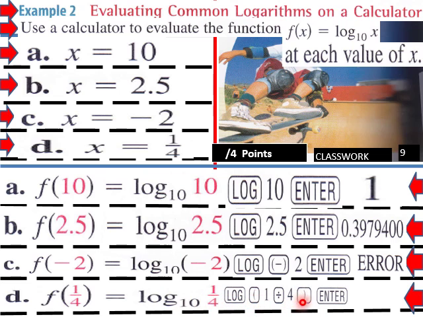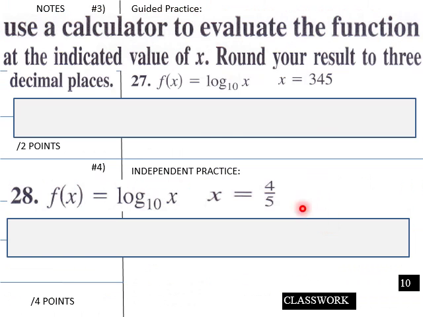We're going to use parentheses here: log, open parentheses, 1 divided by 4, close parentheses, and hit enter, and we get this negative number here. If it's less than 1, then we get a negative result. If you're trying to take a log of a negative number, it won't work. You'll get an error message.